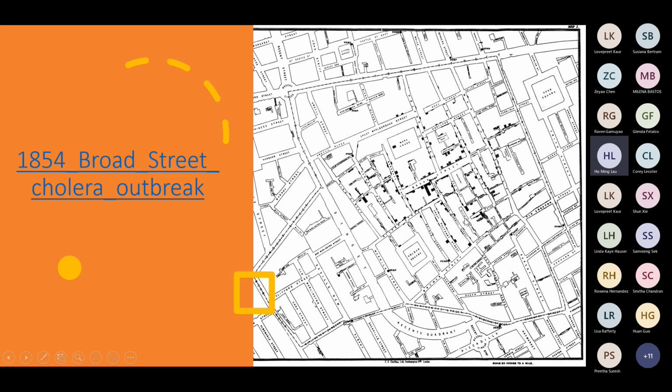We can see that these have been contaminated by sewage, and it revealed the root cause of the problem. This map revealed the root cause of the problem and inspired a solution.